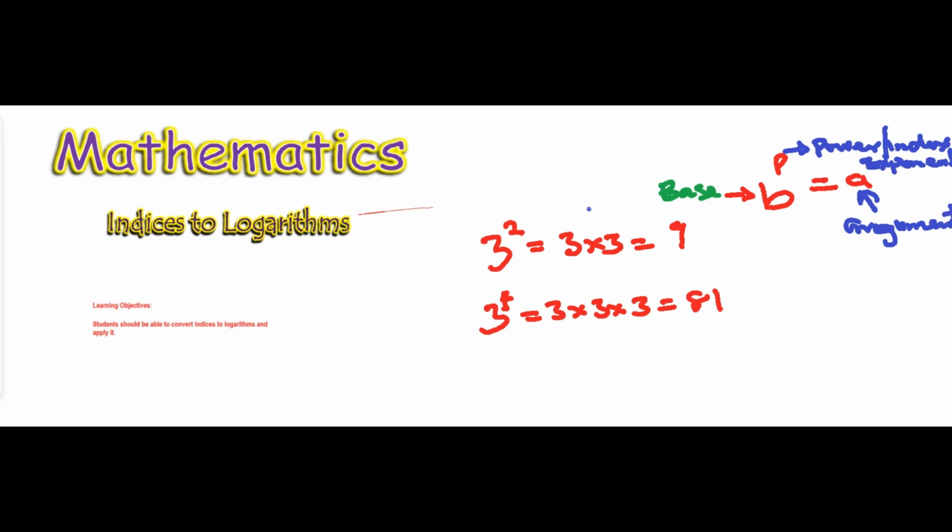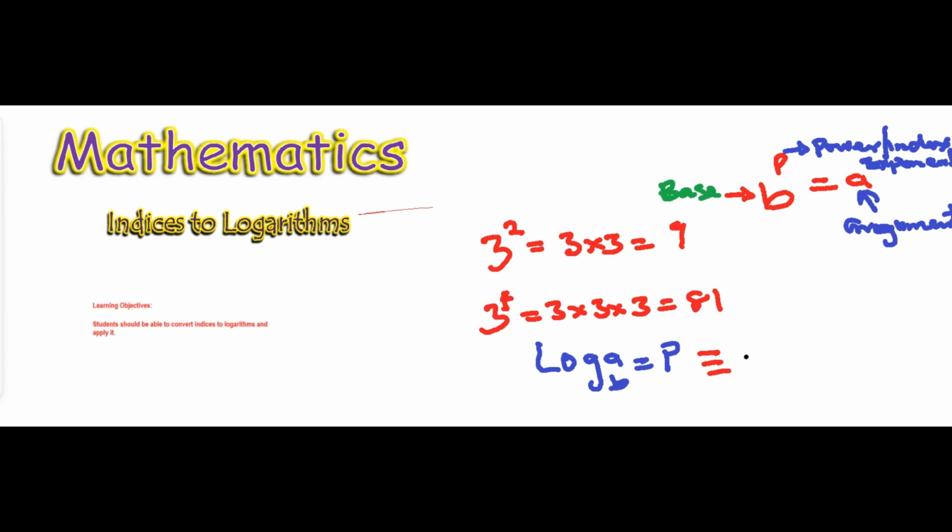So to translate indices to logarithms, we normally write log of a to base b equals power. Meaning that if I want to translate this, I can allow the base to carry its power and equal my argument.